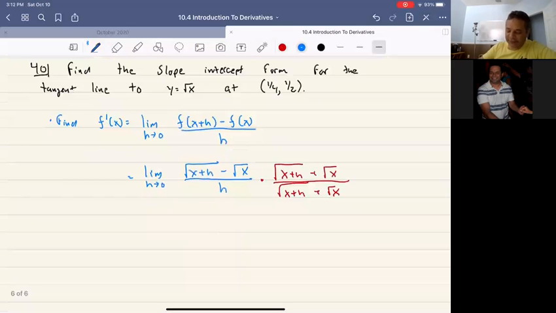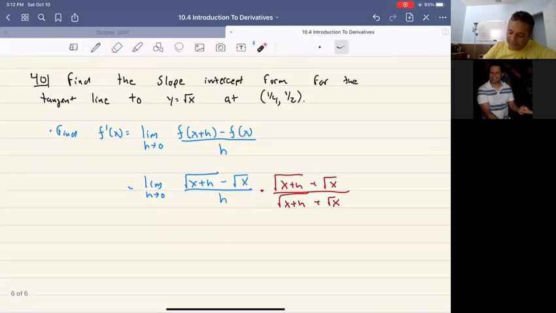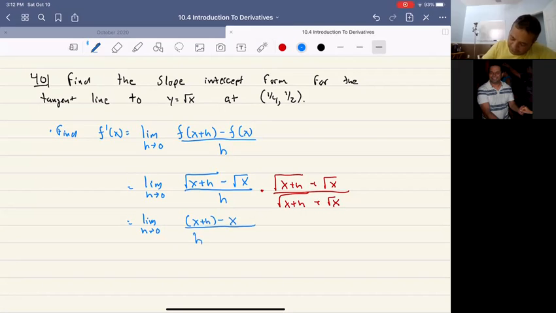So we're going to get, now remember, this squared and this squared, and then the cross terms are canceling because we have minus and plus. That's the whole point of multiplying by the conjugate. Okay. x plus h minus x, over h times the square root of x plus h plus square root of x.